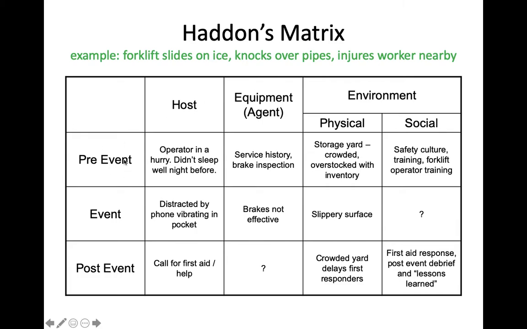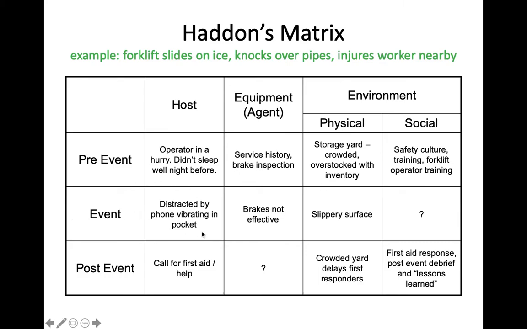So we talked about the pre-event, the operator. These are all theories, really, of why this forklift slid on ice, knocked over pipes, and injured a worker nearby. The operator didn't sleep well the night before, or was in a hurry; maybe some service or brake issues with the forklift itself; overcrowding in the storage area; some safety training or forklift license required.